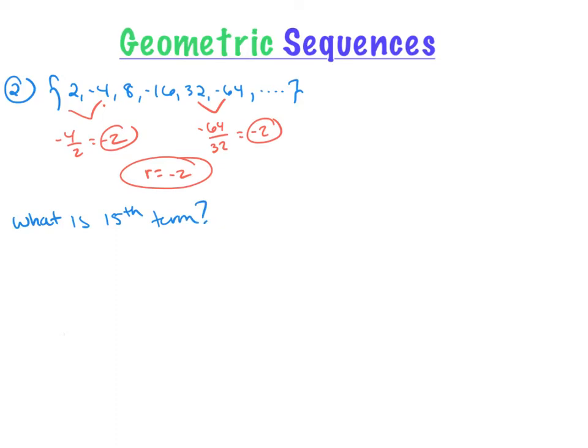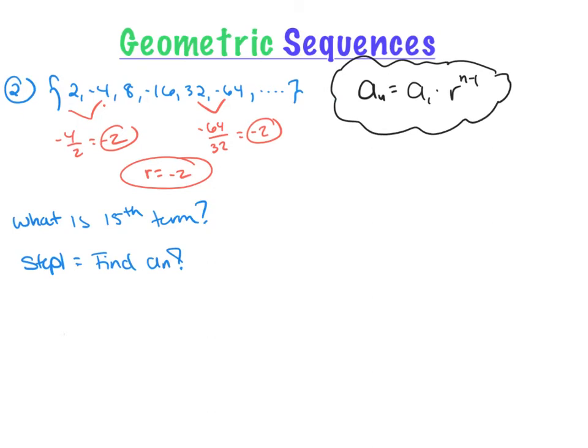Well, instead of listing out all 15 terms, the first thing that we would want to do to answer that question is to find a formula for our a sub n's. So remember, we're going to use the formula we had before. A sub n is a sub 1 times r to the n minus 1. That's the formula that we're going to use because we have a geometric series, or sequence, pardon me.